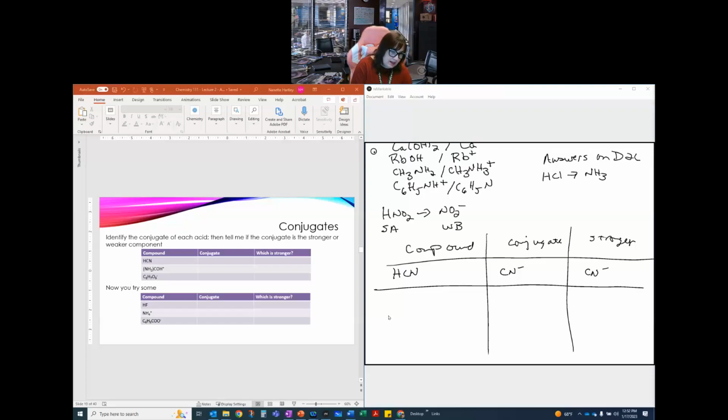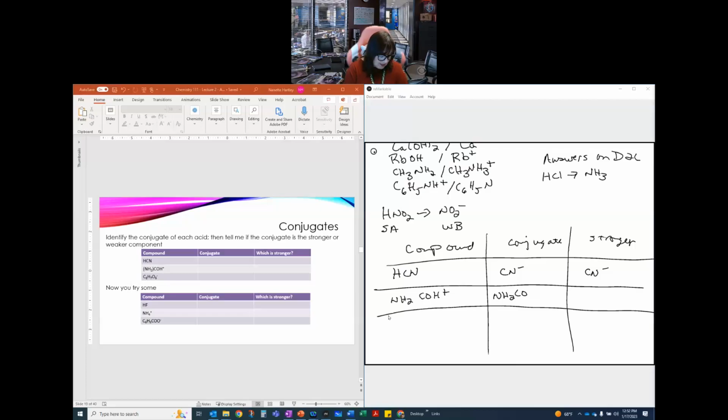When we talk about NH2COH plus, this species has already picked up a proton, right? So this is the conjugate acid of a base. So its conjugate would lose that proton and become NH2CO. Okay.